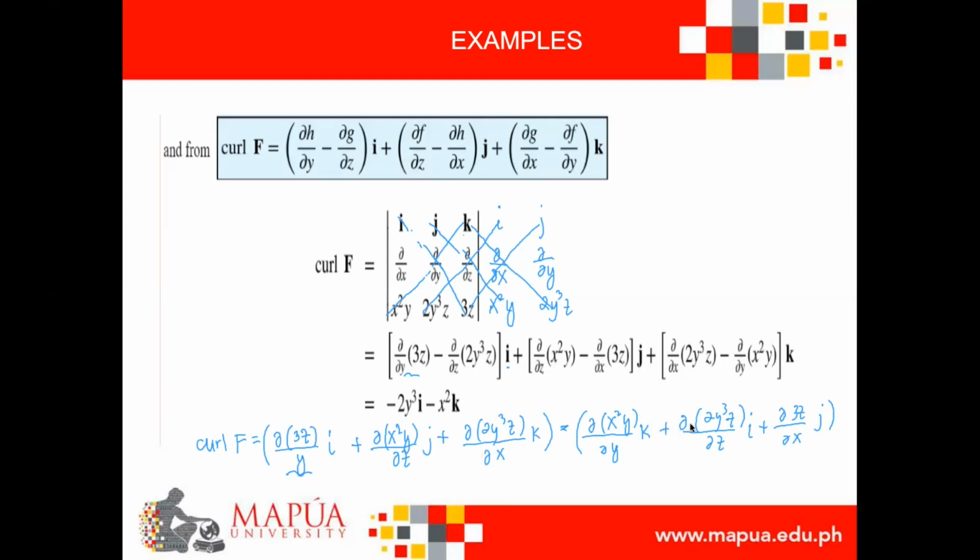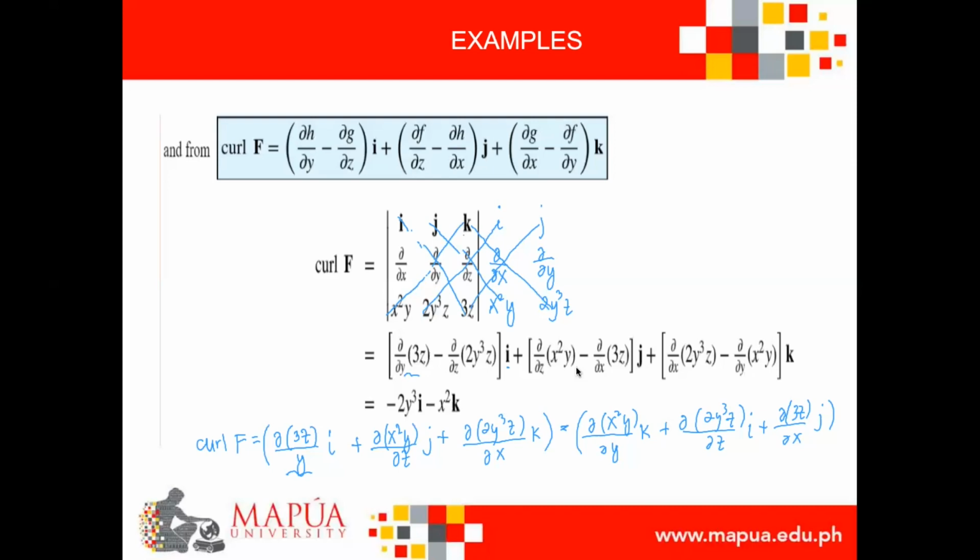Then we combine it with here. That's minus partial derivative of the function 3z with respect to x, j. Then finally, you have this combined with this, so they are equal. It's just that i, j, k here are factored out.